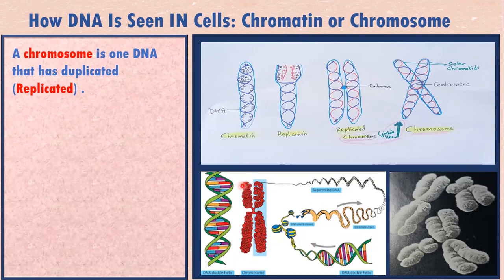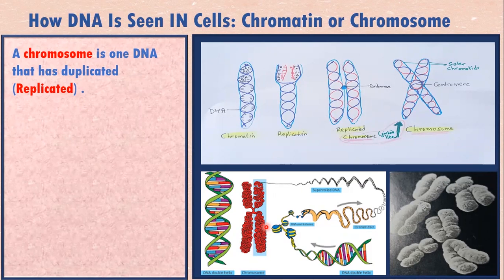It will be found that it is the same DNA, the sister chromatid. So this is one DNA. All right. So you see DNA as chromatin material or chromosome is one and the same DNA.